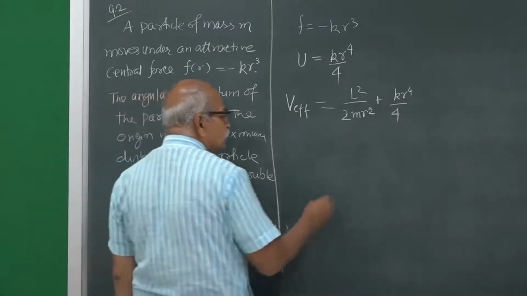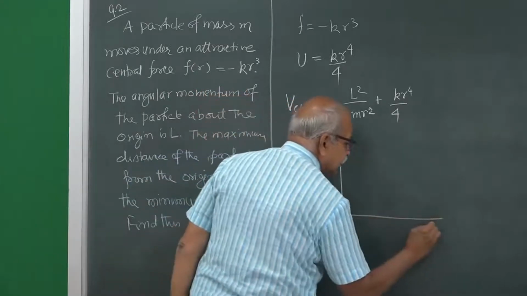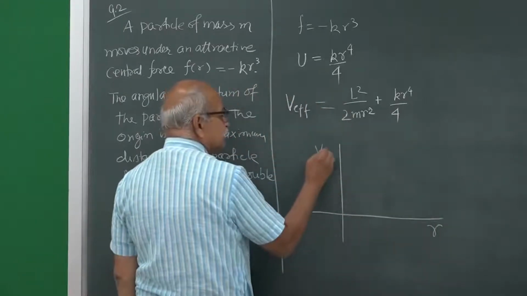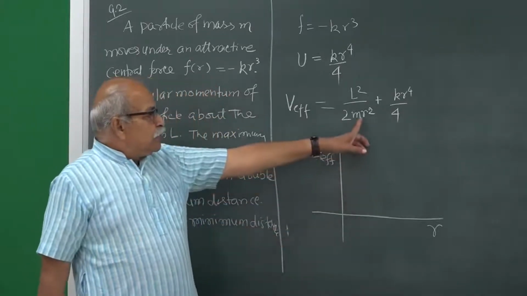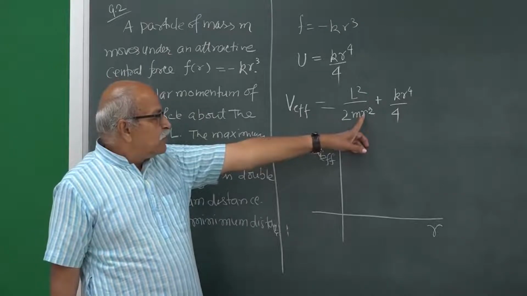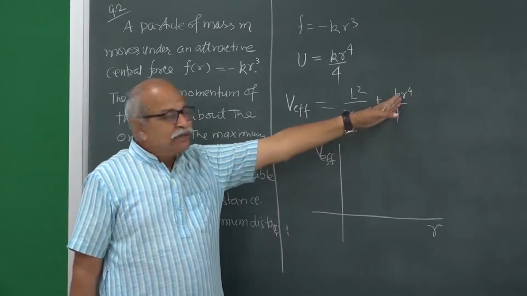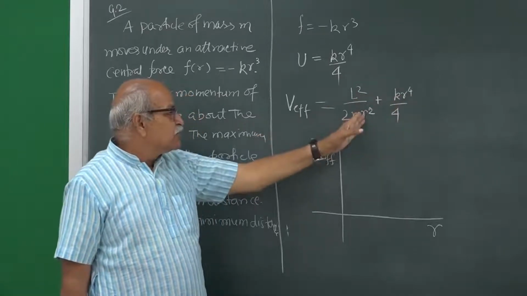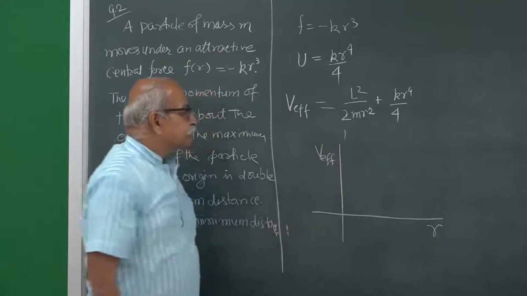And if we draw the potential energy, how will it look like? If this is r and this is V effective, and if I draw this, if you take very small values of r, this term is negligible, it is going to 0, and this one is going to infinity, so it comes from infinity.